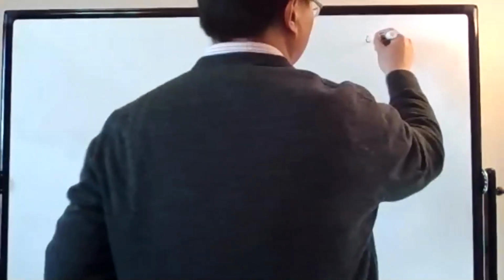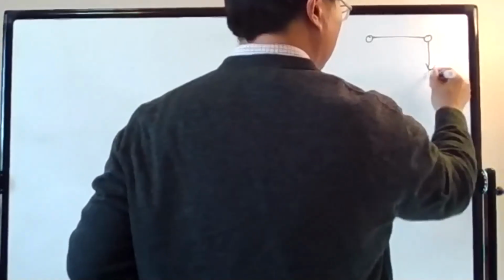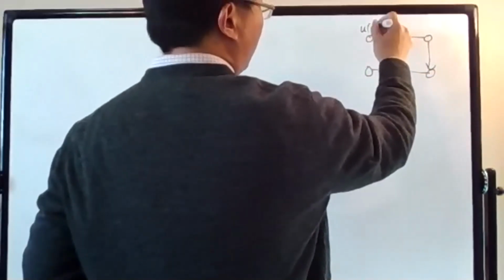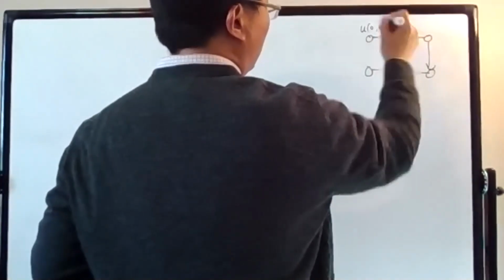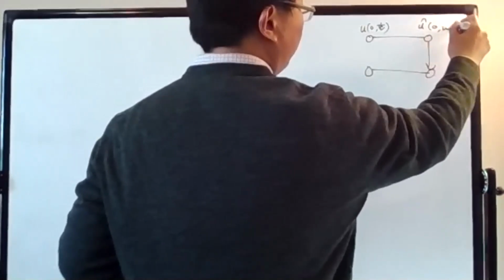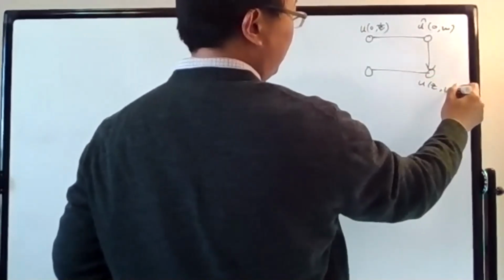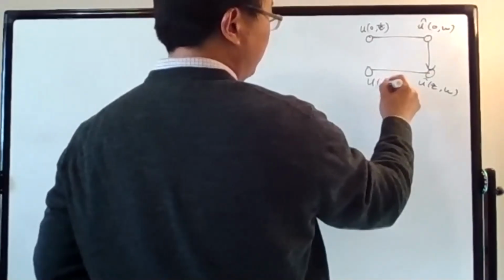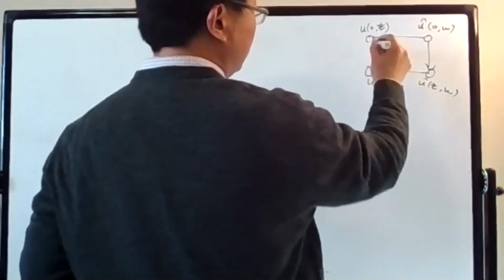Okay, so previously we learned dispersion, right? So again, I'll use this chart. What we have is u tilde 0 omega, and then u z omega, and then u z t.